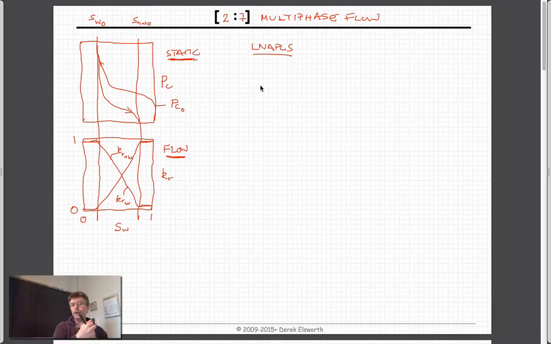In that, water is the wetting fluid, air is the non-wetting fluid. It behaves just the same as if we're talking about NAPLs, except now they have different densities rather than different characteristics.